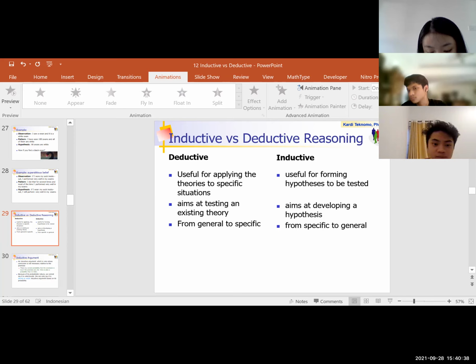Next time you come again, I give you beer, and then I mix it with water. After you drink, you get drunk again. Next time you come again, I give you tuak, the local liquor, and I mix it with water, and then you drink again, and again you get drunk. So the conclusion, the hypothesis in this case, is that water makes you drunk.